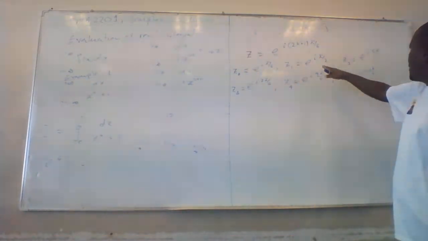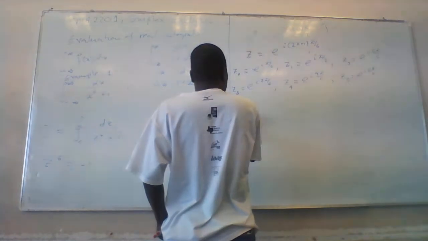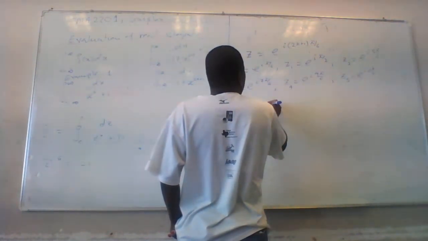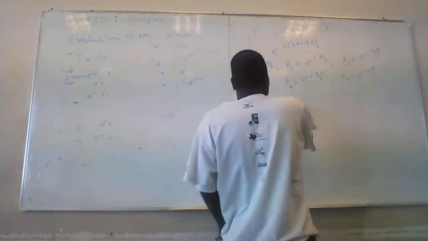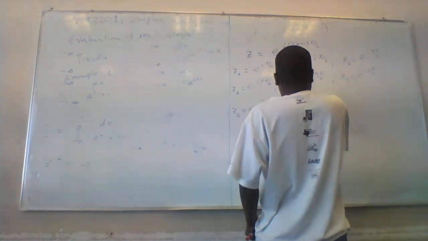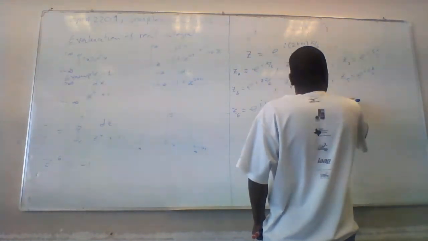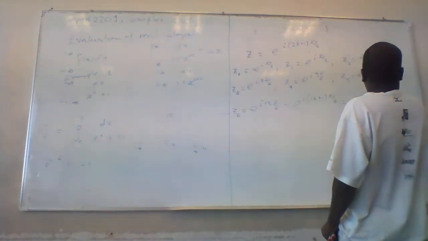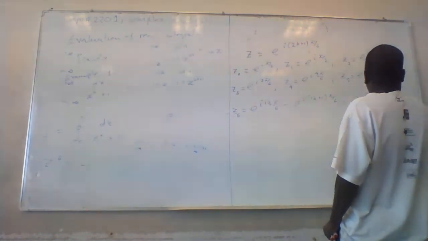Then ideally I can go on beyond k equal to 6, because when k equal to 6, I get z6, which is given by e to the i 13 pi over 6. I can rewrite this as e to the i (12 plus 1) pi over 6, which is equal to e to the i 12 pi over 6 times e to the i pi over 6.